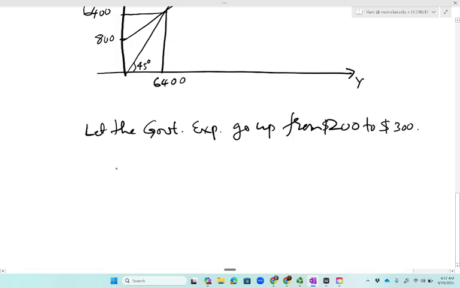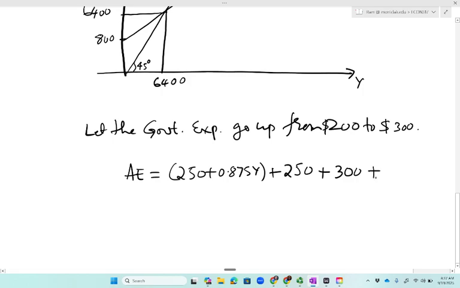There is no change in other components, so I have aggregate expenditure: household consumption 250 plus 0.875y, the private investment $250, the government expenditure now $300, and no change in net exports $100.